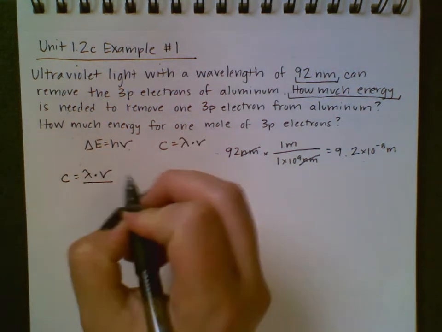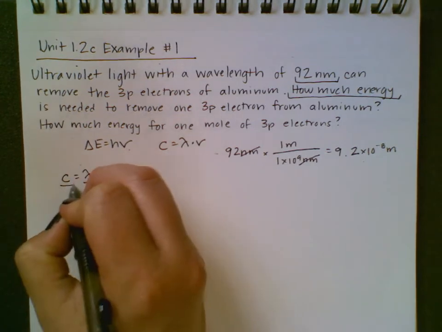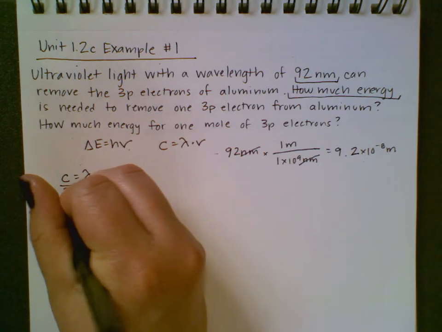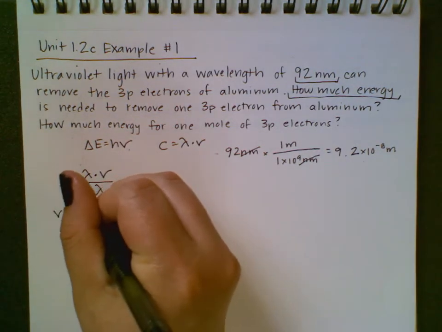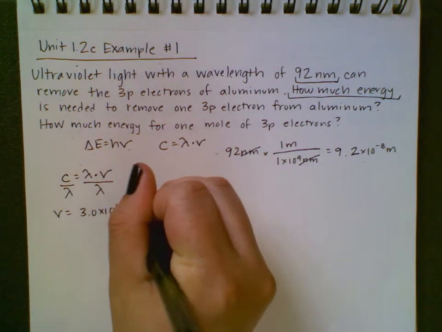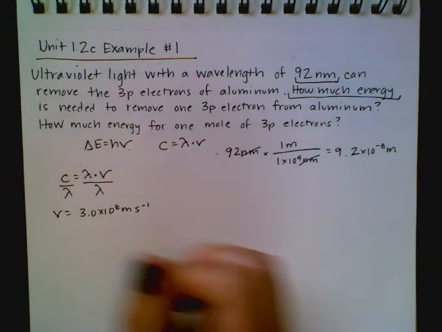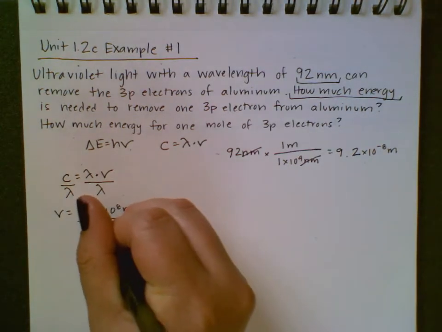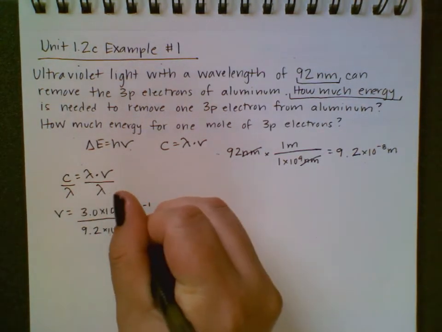I want to find my frequency, so I'm going to divide by the wavelength. And so my frequency is equal to 3 times 10 to the 8th meters seconds to the negative 1 divided by my wavelength, which is 9.2 times 10 to the negative 8th meters.